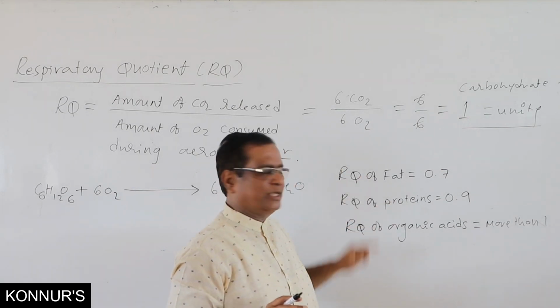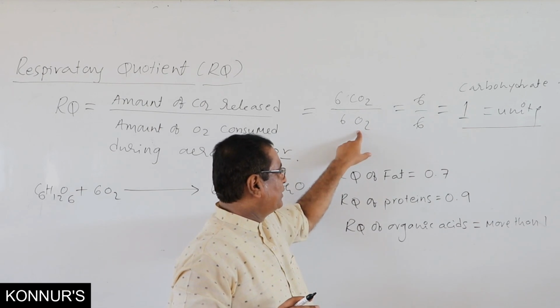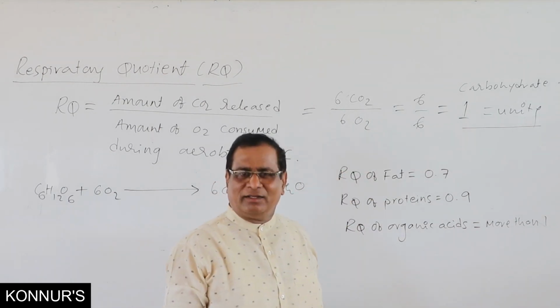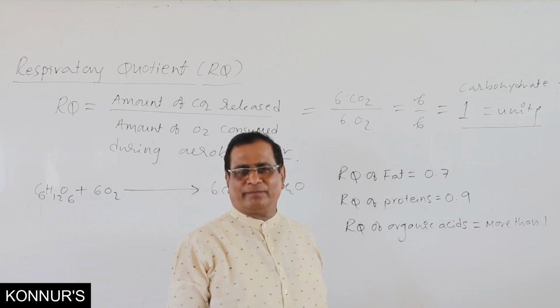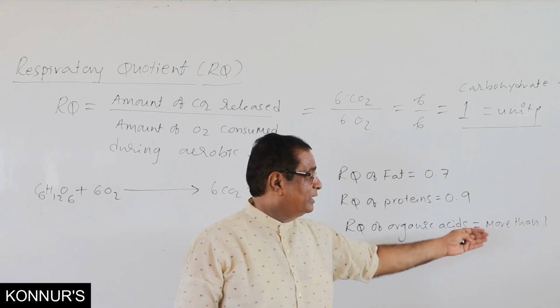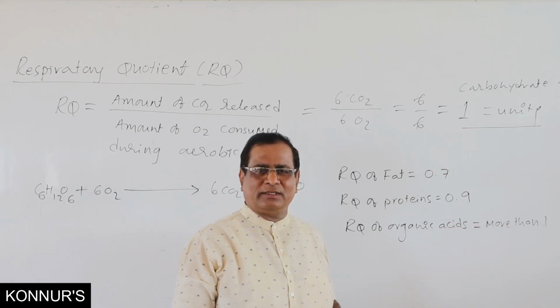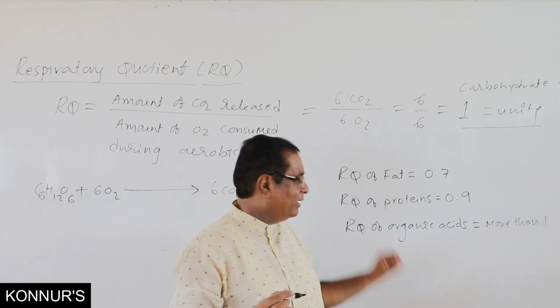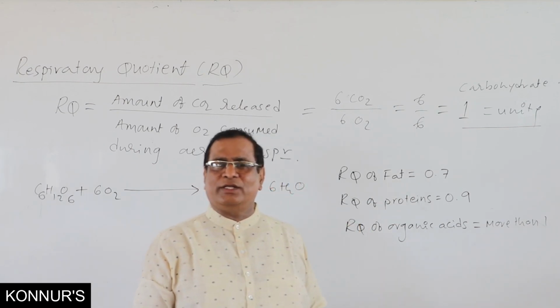For fat and proteins, the amount of O2 consumed is more than the CO2 released. And for organic acids, it is more than 1. It means the amount of CO2 released is more than the amount of O2 consumed.